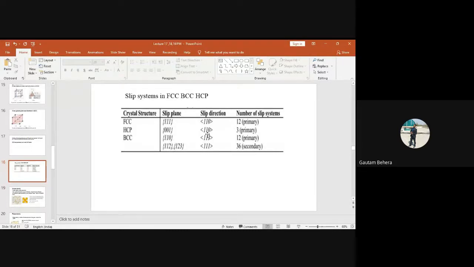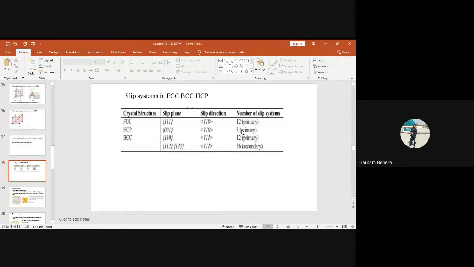So you have to remember, in case of HCP, the closed packed plane is, actually this is written wrongly, this will be 0001. Okay, and these are the numbers. So in FCC we have 12 primary or active slip systems.